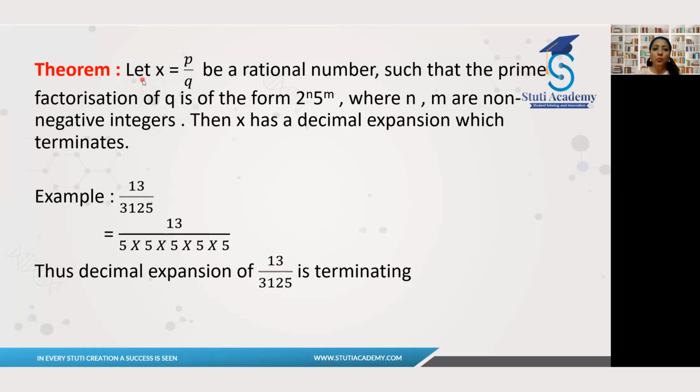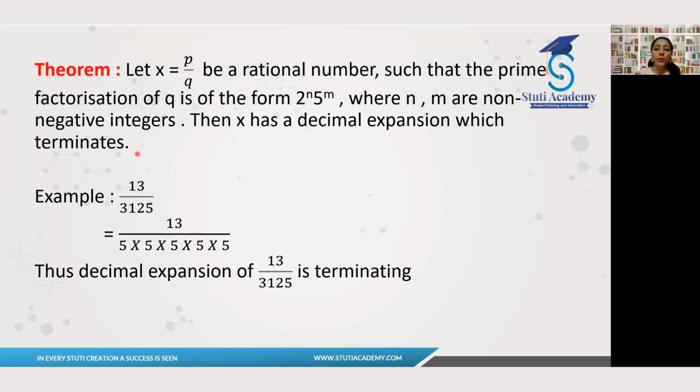Now in the next theorem, we have: let x = p by q be a rational number such that the prime factorization of q is of the form 2^n 5^m, where n and m are non-negative integers. Then x has a decimal expansion which terminates. Now this means if we have a rational number written in p by q form, how are we going to decide whether the decimal expansion is terminating or non-terminating repeating?